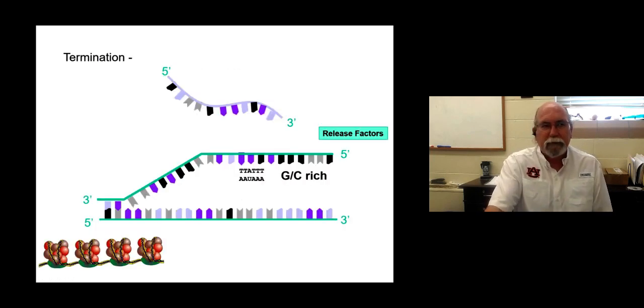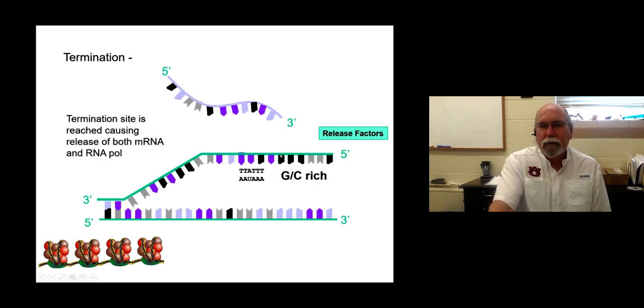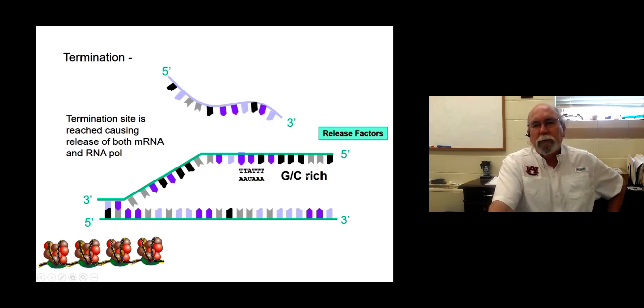So it looks something like this, kind of a model of it. Here's our system with our T's and A's and all of that. Very often the end is also GC rich. And when we start looking at these genes, we'll see that for many of them, they're actually GC rich. And so what will happen is that it'll form a hairpin. The single-stranded DNA will actually bow out and cross bond between the GCs, and that basically stops the whole process.